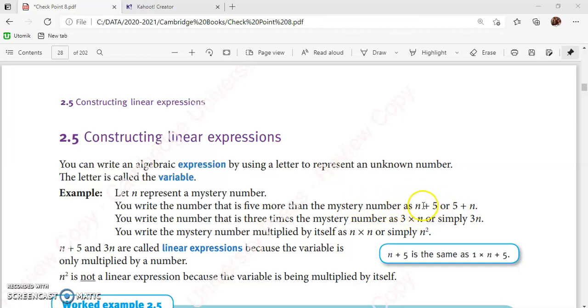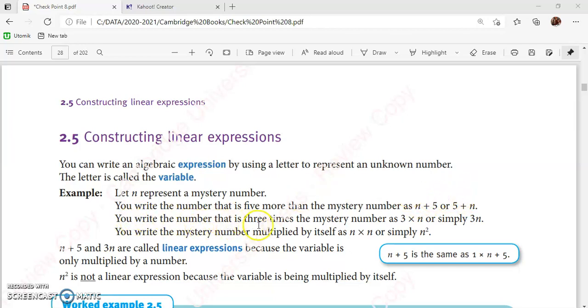Or we can write it as 5 plus n. Since it's addition, you may change the position of n and 5.